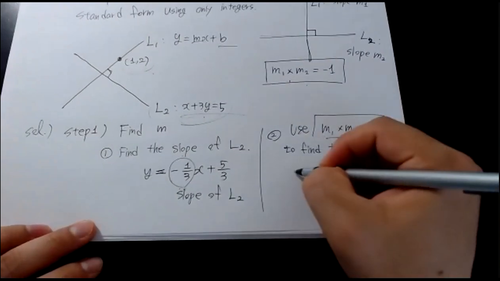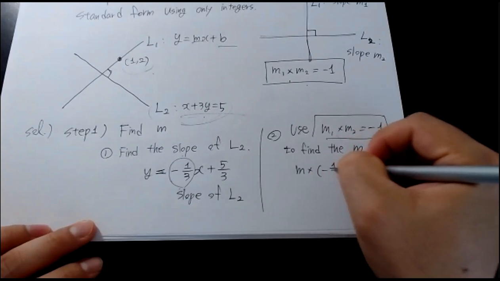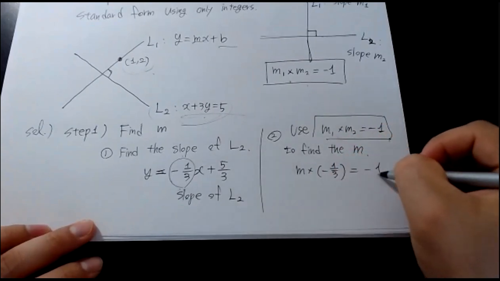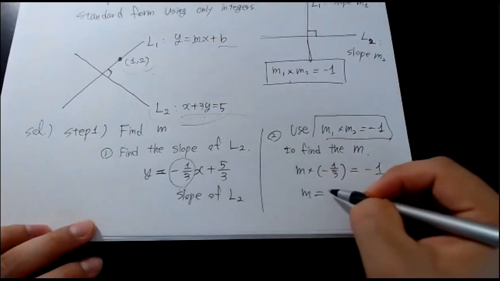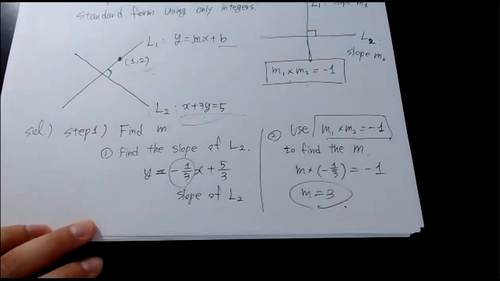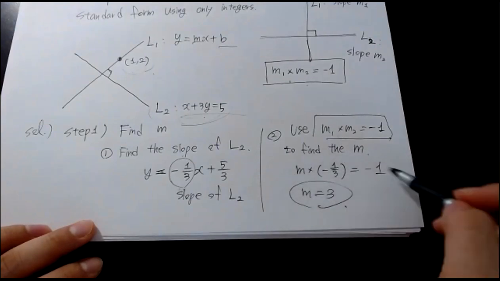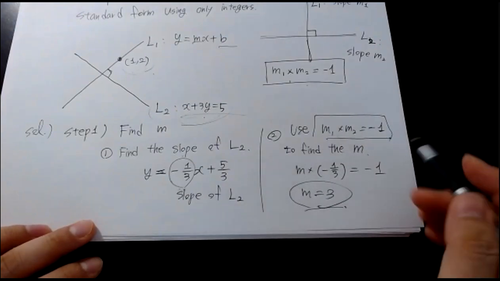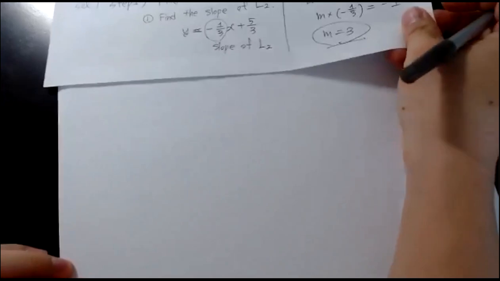So M times -1/3 is equal to -1. So M must be what? 3, right? I just multiply by -3 on both sides, so we get m equals 3.